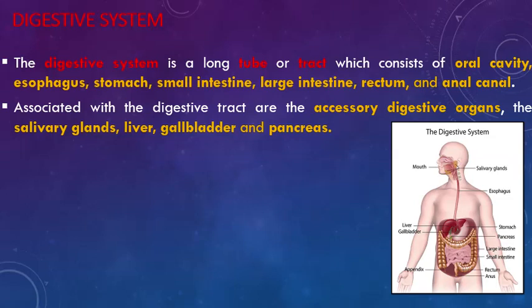As well, this system has accessory organs associated with the digestive tract, such as the salivary glands, liver, gallbladder, and pancreas. These organs are located outside of the digestive tract and transport their secretions to the digestive tract via the excretory duct.